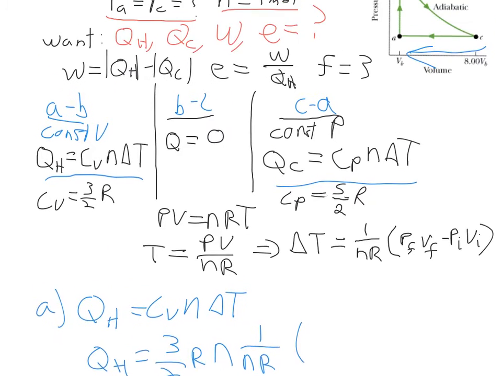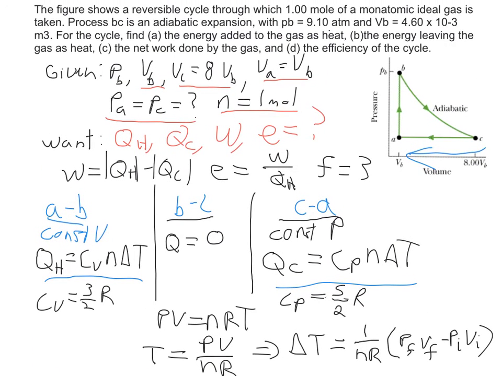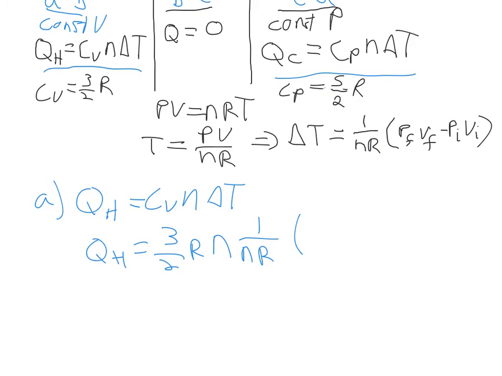If we scroll up really quickly, we're looking at this transition here. Our final is location B and our initial is location A. So we have PB times VB minus PA times the volume, and since it's constant volume, that's also VB.